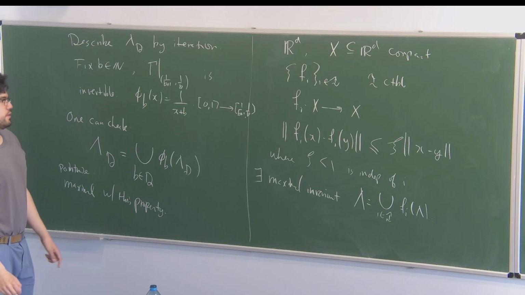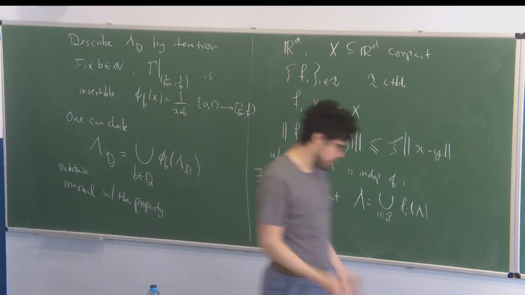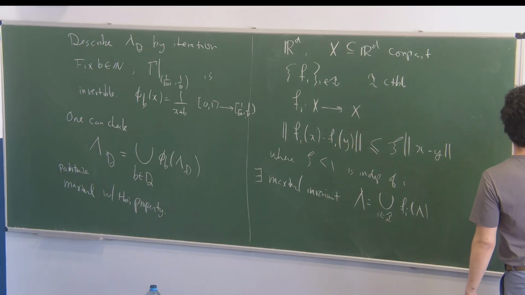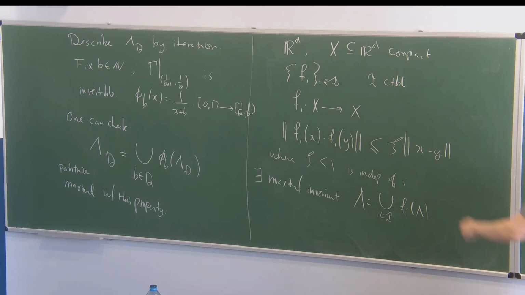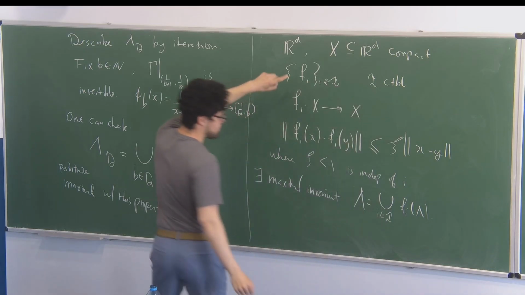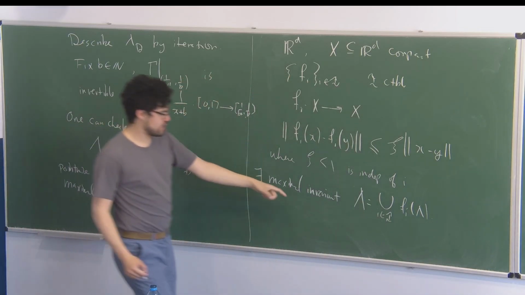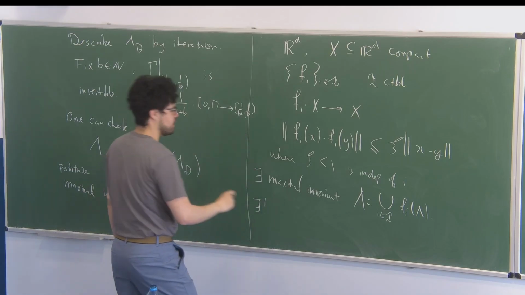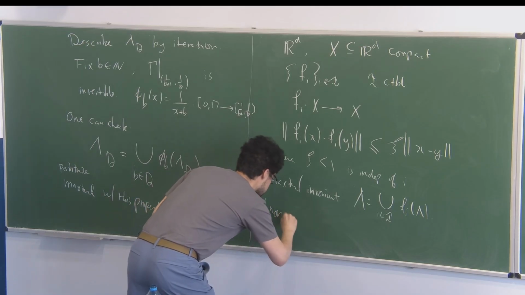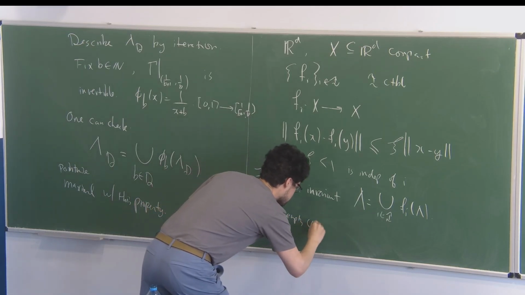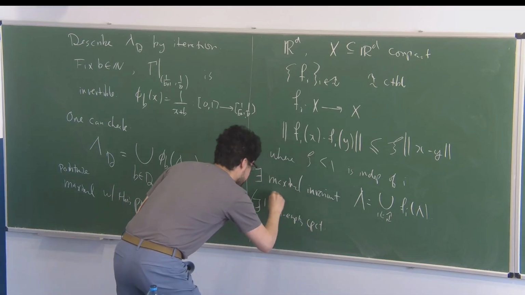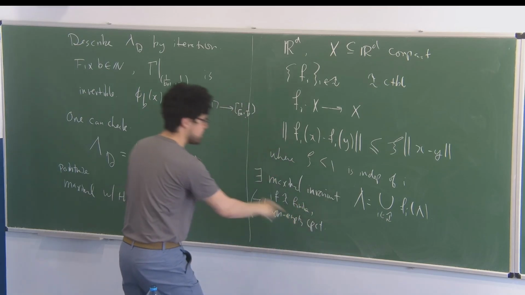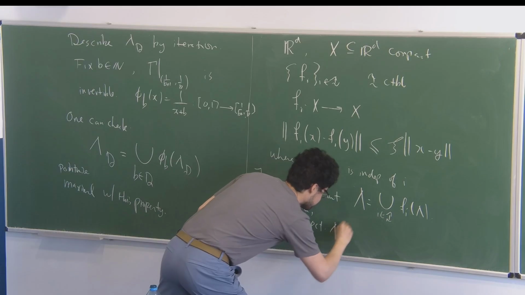Of course, if you've worked with iterated function systems at all, there are the usual caveats. If you've seen this in the case when I is finite, then this statement becomes: there exists a unique non-empty compact set lambda satisfying this equation.